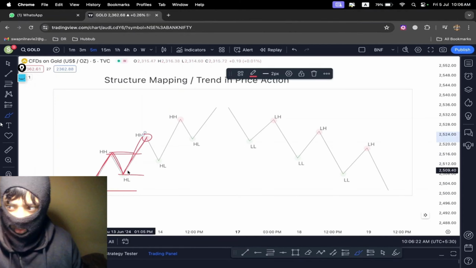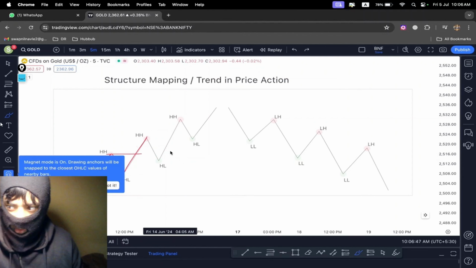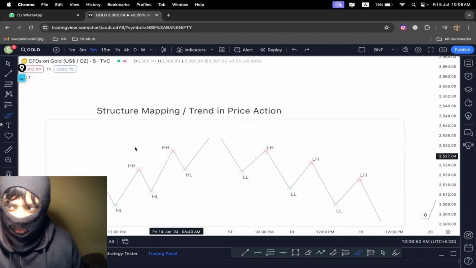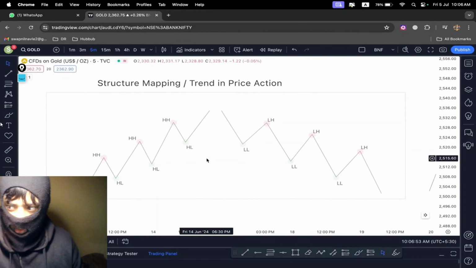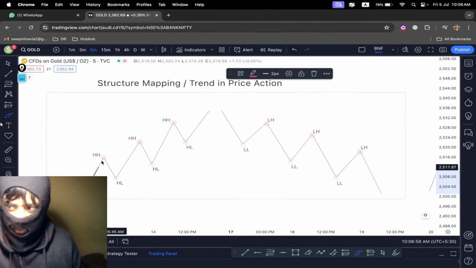Then how do we identify a higher low? Whenever the candle pattern breaks the higher low, the market structure changes. That's when the change of character happens.